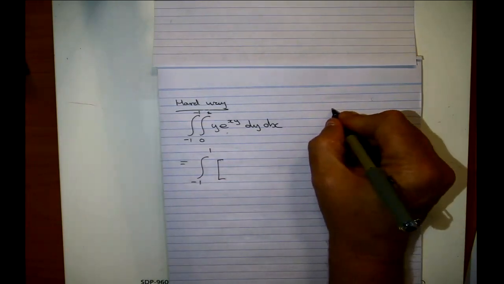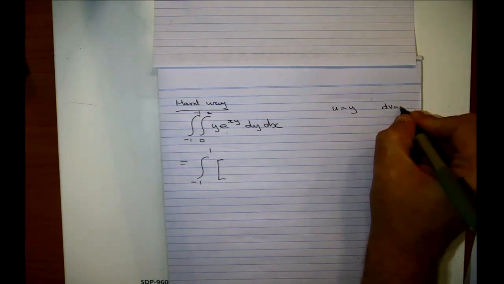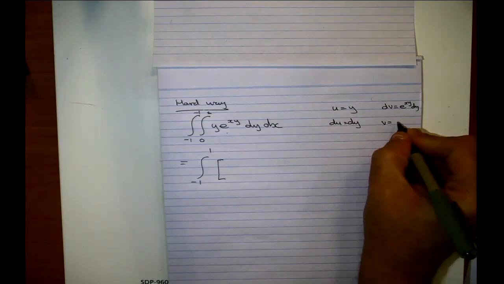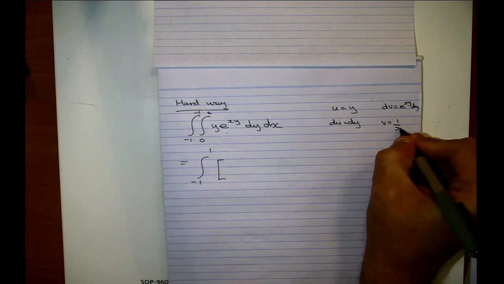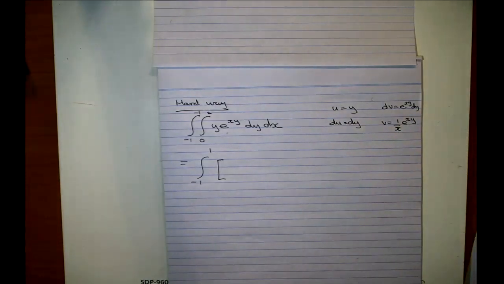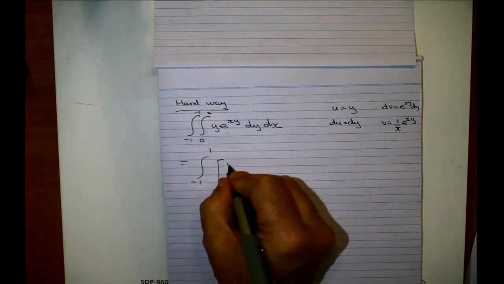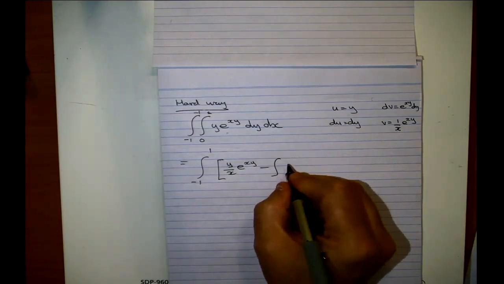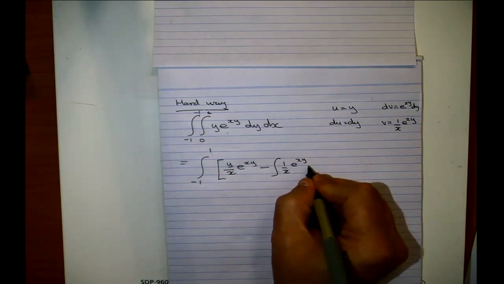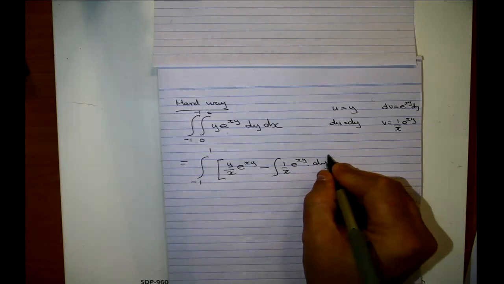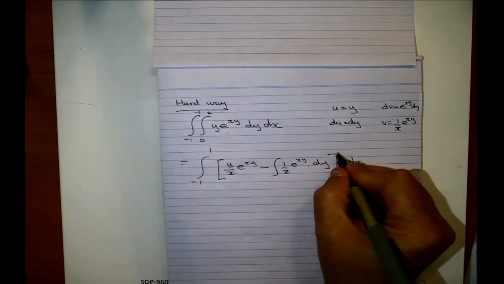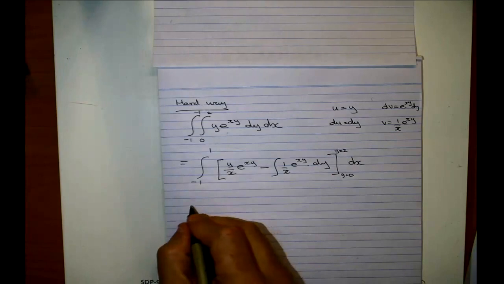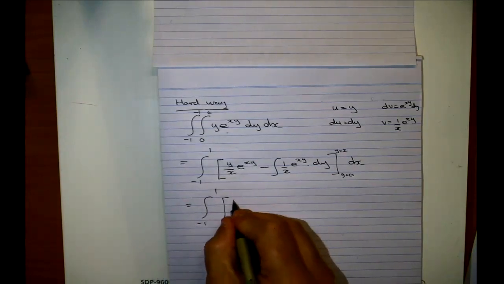No, I'm not going to do it in my head, I'll stuff it up. uv minus the integral of, and of course we've got some limits coming along, don't we? So we get y on x.